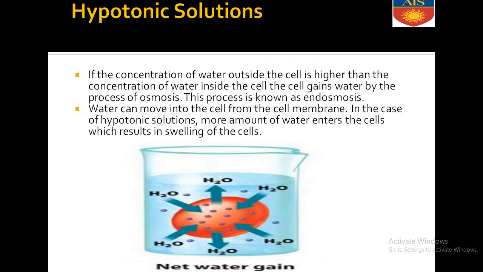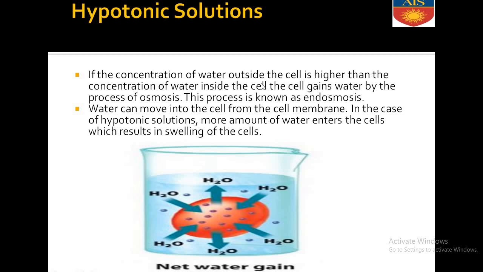Now after a few hours, what we see is that the raisin got swelled. How? Because the water has moved from outside to the inside of the cell, and the cell we have taken is the raisin. As a result, the water goes inside the cell, this process is known as endoosmosis, and the cell swells. Clear? Let us read again.